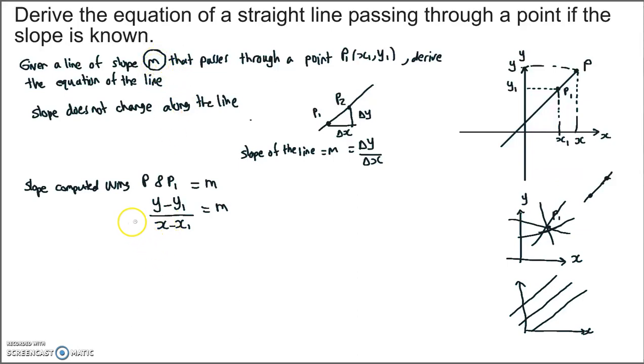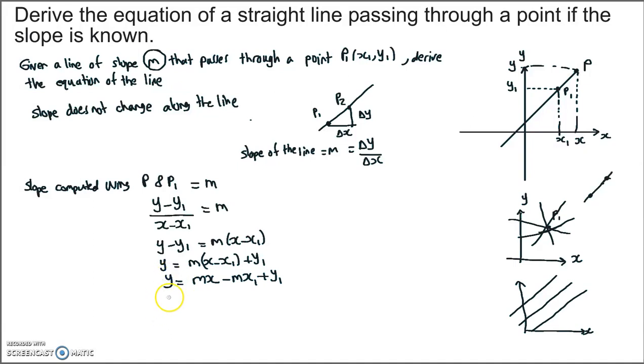So we can write this if you multiply this entire equation by x minus x1. So y minus y1 equals m times x minus x1. If we move y1 to the other side, then y equals m times x minus x1, plus y1. Expand the first term, that equals mx minus mx1 plus y1.